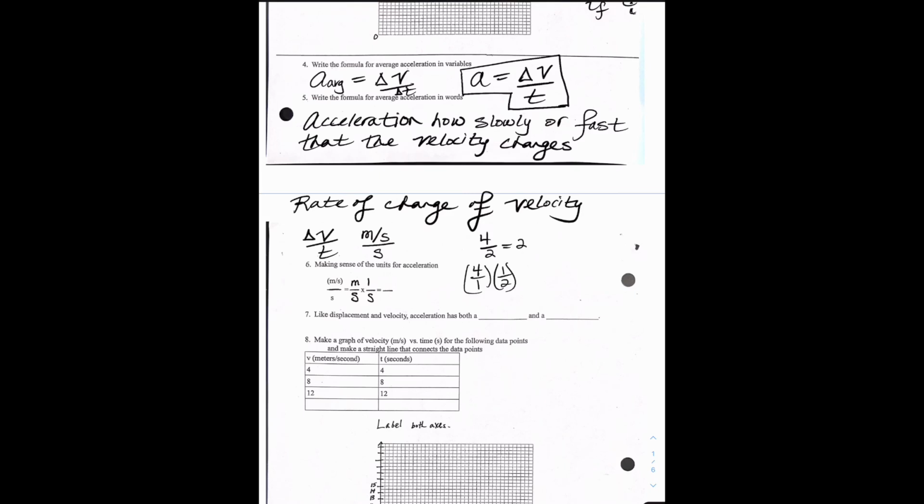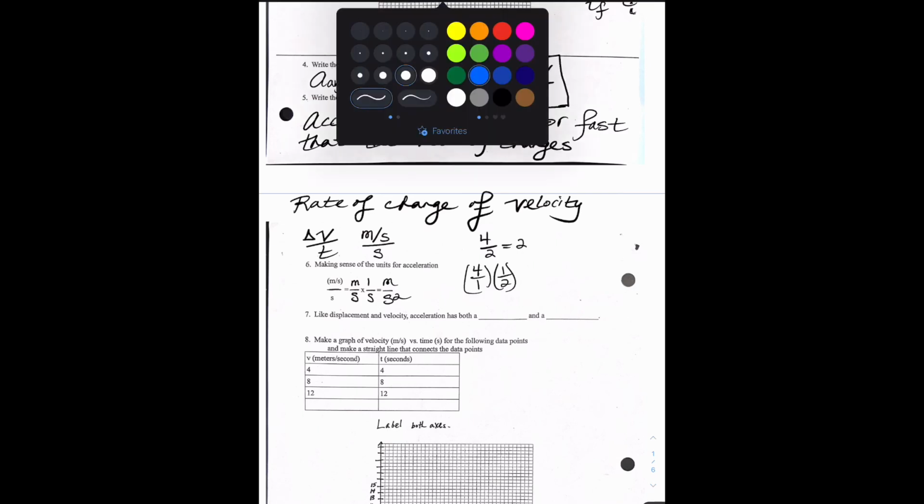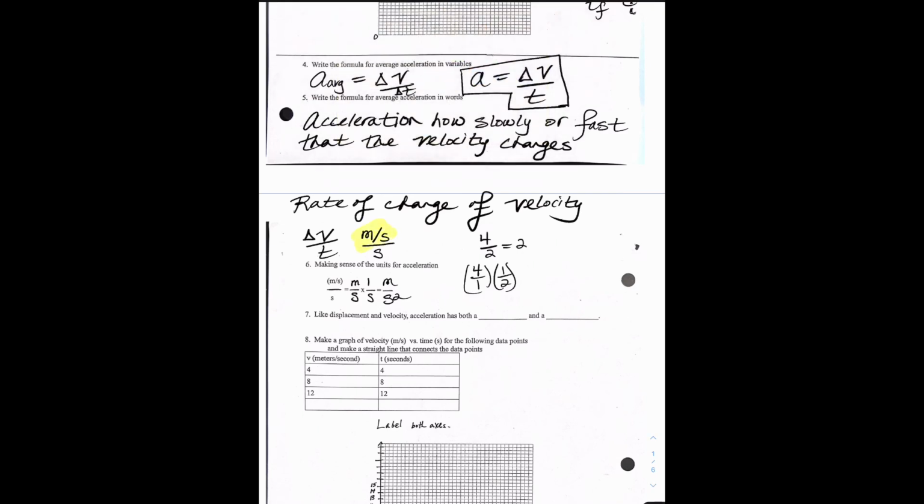That's the same as multiplying by 1/seconds, which is going to give me on the top just meters, and on the bottom, seconds squared. And so the key idea here is that the units for acceleration are meters per second per second. That's how we like to say that.